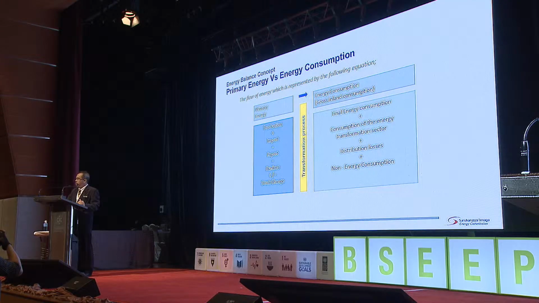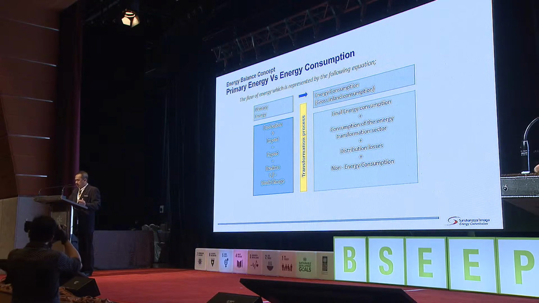What we produce from our own land, we import, we minus whatever we export, we minus whatever is in the bunker, meaning ships or tankers, and plus or minus stocks. And then the energy consumption is what we use, energy to do work, plus the energy consumption during the transformation, the losses in distribution, and the non-energy consumption.